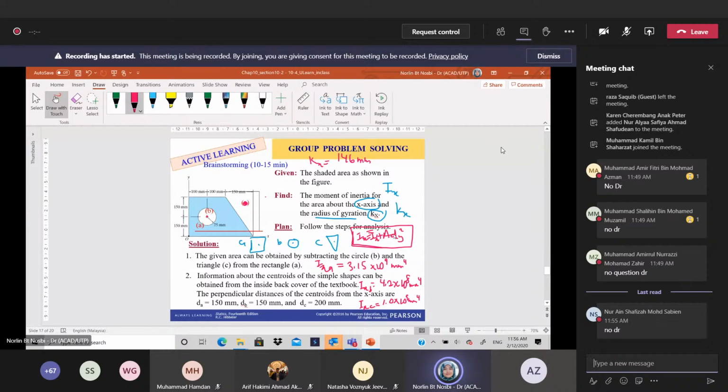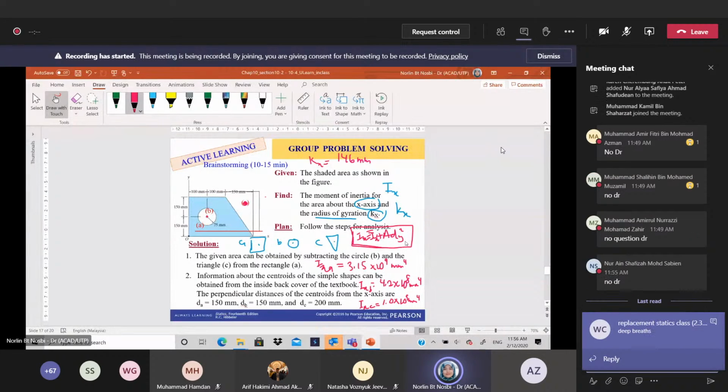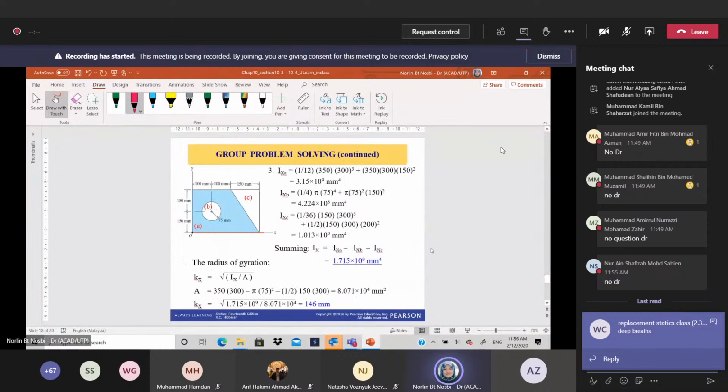So let me show this one for Ix. Okay, we still have time, so I will show you. For this Ix, the first part is A, this rectangle part, right? One I x bar, plus the area and the dy.